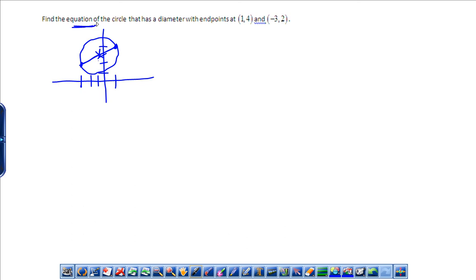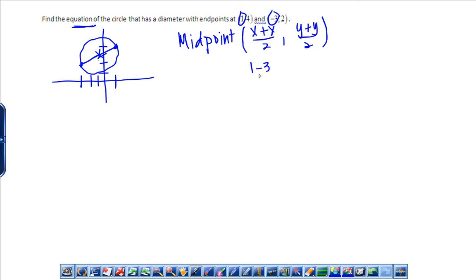So here's some formulas that you have used before that might be helpful again. How about let's do midpoint formula. So for those of you who don't remember, you might want to remember these again. So I'm going to take these numbers. I'm going to add my x's. So this is x plus x divided by 2.